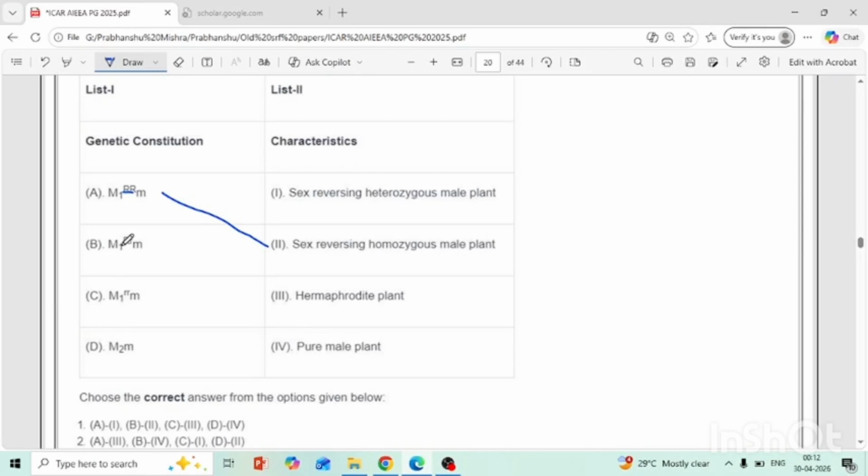This one, M1 small r and small m, is the pure male type, and this M2 M you already know is the hermaphrodite type.